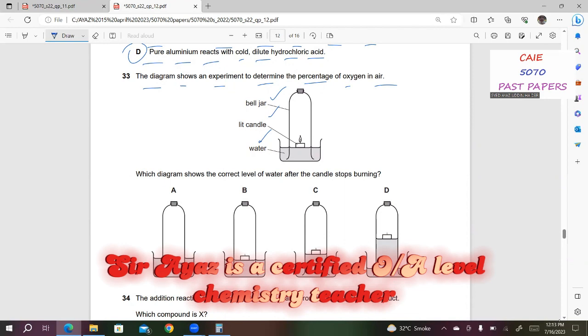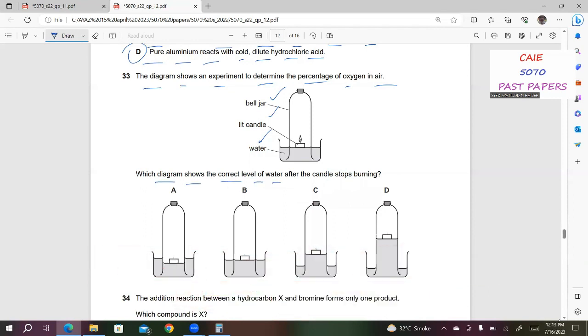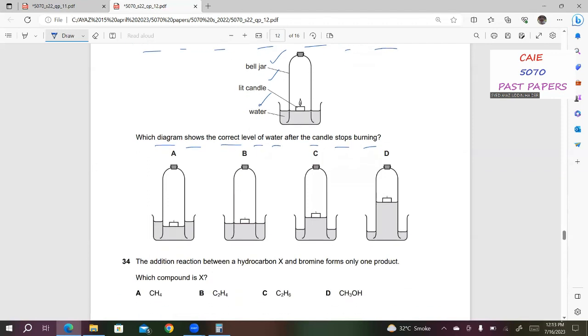And as time progresses, the percentage of oxygen or the volume of oxygen will decrease. Which diagram shows the correct level of water after the candle stops burning? Now, candle stops burning means that all of the oxygen in the air will react with the candle. So C will be the right answer in this case.